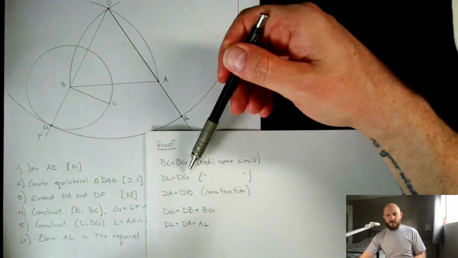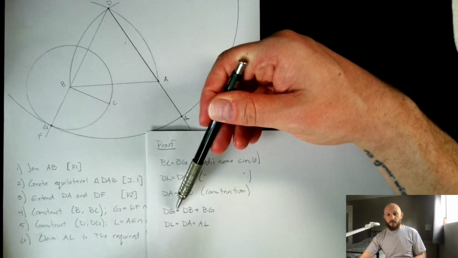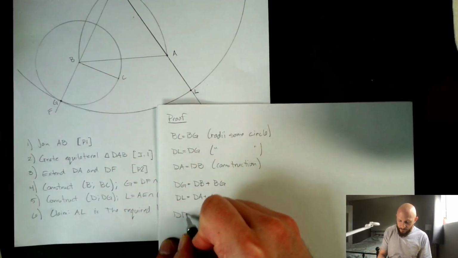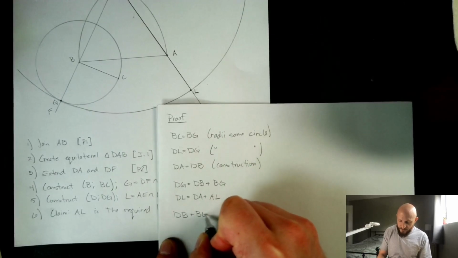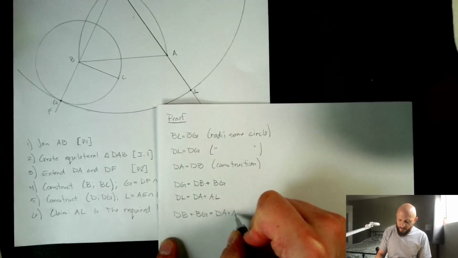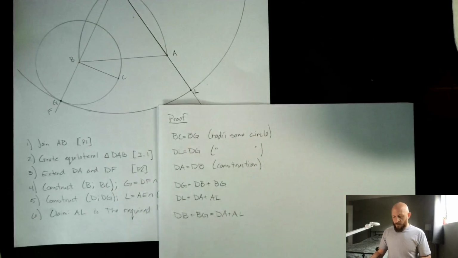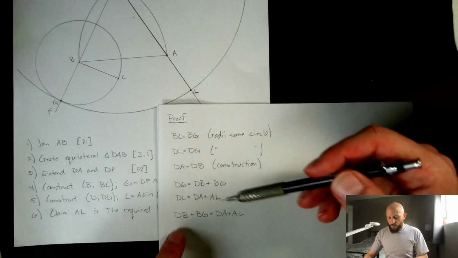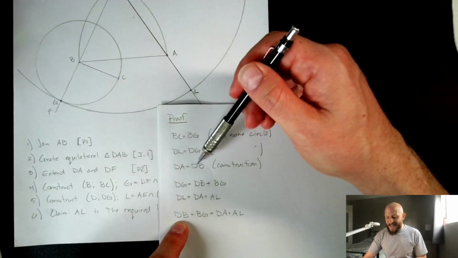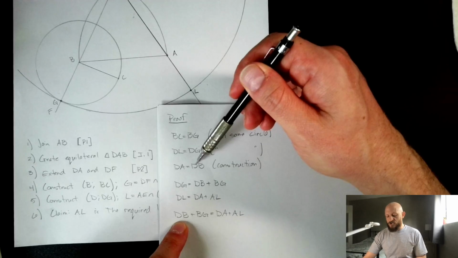Well, from our second step in the proof right here, we said that DL and DG are equal to each other. So in other words, DB plus BG, which is DG, is equal to DA plus AL, which is DL. All right, but we also know that DA and DB are equal to each other.